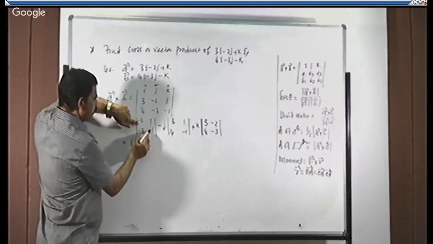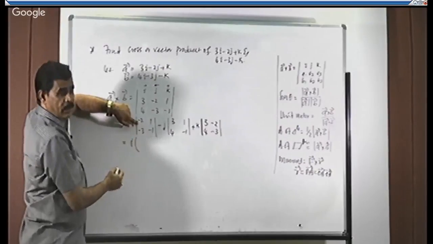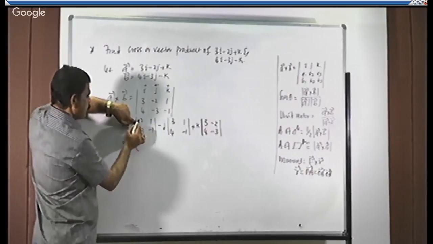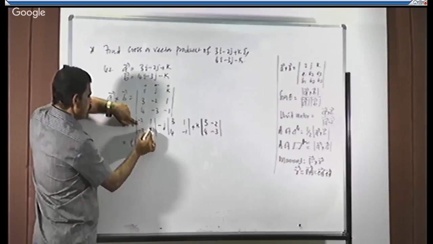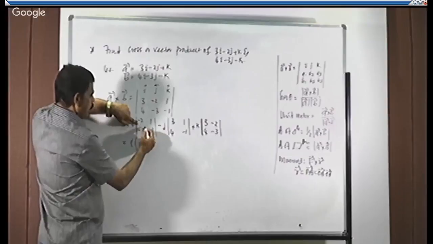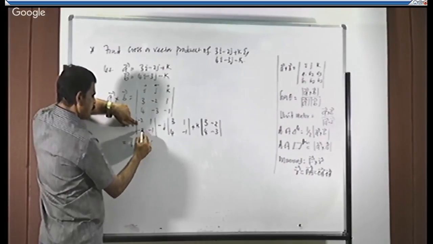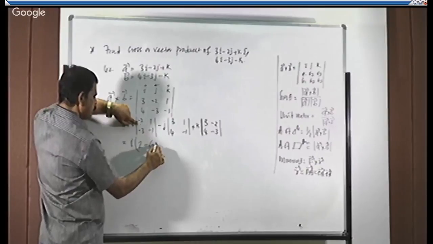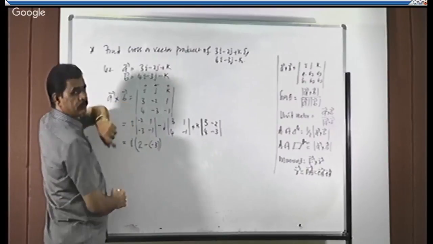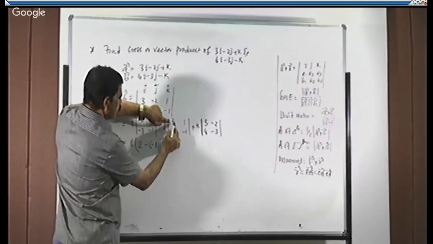Now simplify. i into the product of principal diagonal elements minus product of secondary diagonal elements, correct? Product of these two elements: minus into minus plus, 2 into 1 is 2. Minus of 1 into minus 3. Product of secondary diagonal element: minus into plus minus, 1 into 3, 3. Minus of j into multiplication of these two elements.